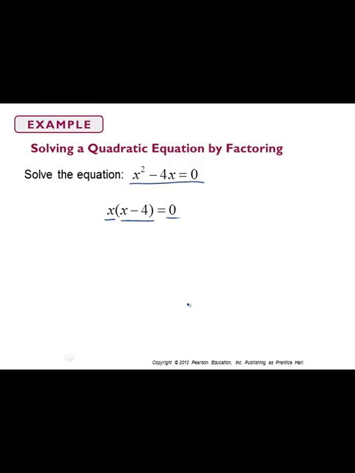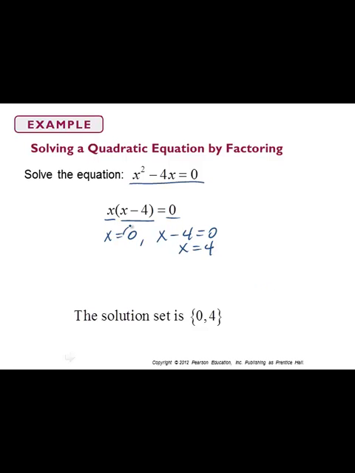So what we do in algebra is we set both of those factors individually equal to 0. So we set x equal to 0, and we set x minus 4 equal to 0. Now, if x minus 4 is equal to 0, that's the same thing as saying that x equals 4.